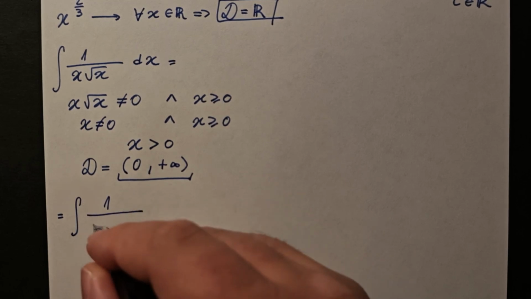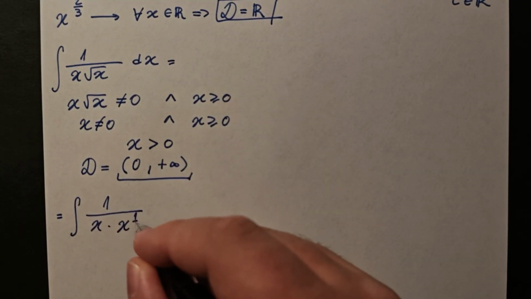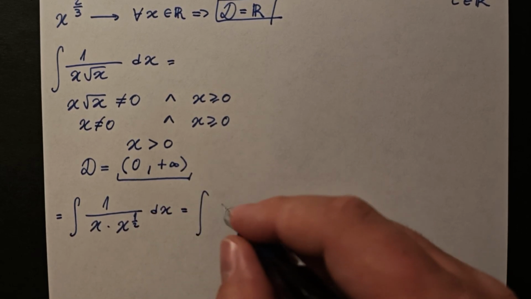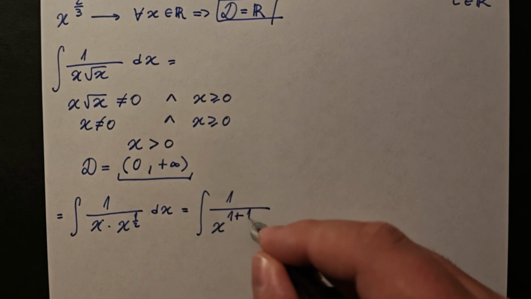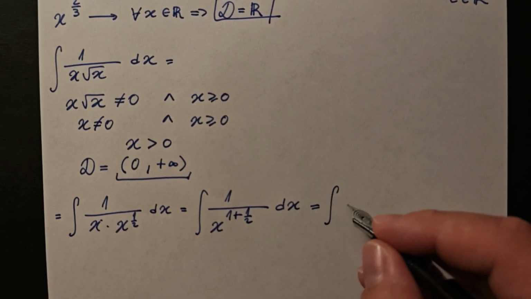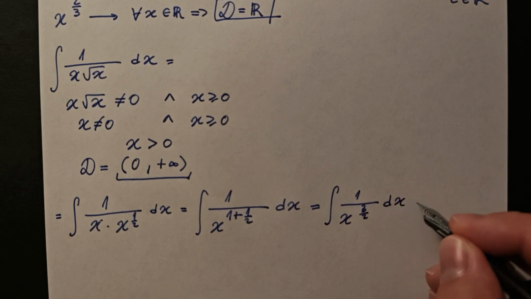So we have 1 over x, and the square root of x is just x to the power of 1/2, dx. So this is an integral of 1 over x to the power of 1 plus 1/2 dx, and that is just an integral of 1 over x to the power 3 over 2 dx.